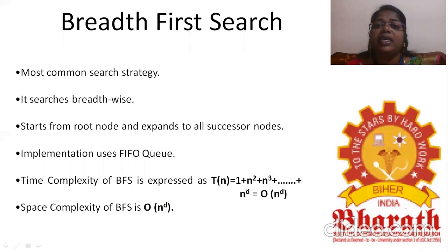After completing the current level, it will move to the next level of search. And for this particular implementation, we can use a first in, first out queue. The time complexity and the space complexity of breadth first search are the same, that is big O of n power t.